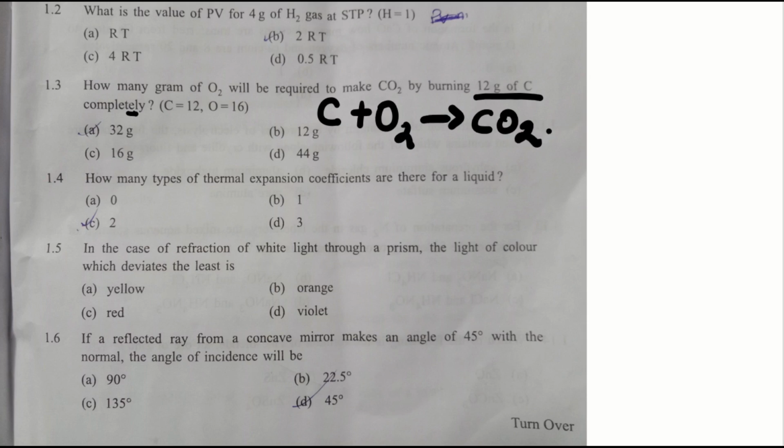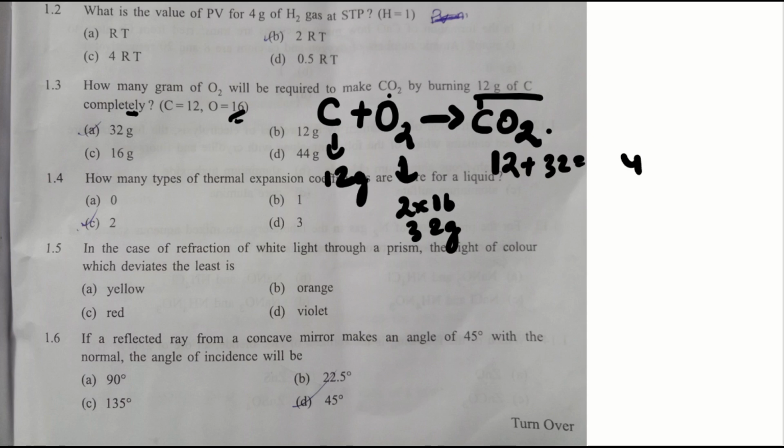First you need to check whether this equation is balanced or not. 1 carbon here, 1 carbon there, and 2 oxygen on both sides, so the equation is balanced. Now molecular weight of carbon is 12 gram, oxygen is 2 times 16, since O is given as 16, that is 32 gram, and carbon dioxide is 12 plus 32, which is 44 gram.